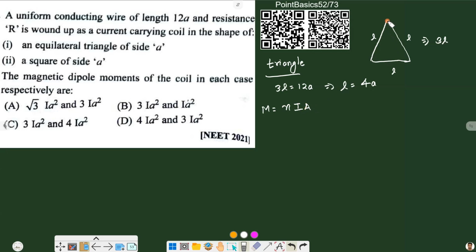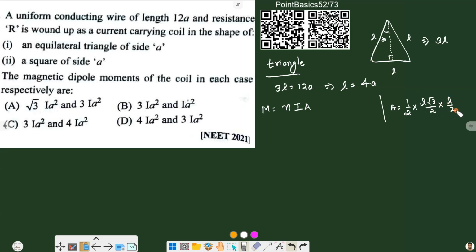The area can be found out if we divide this triangle into two halves. Then this will be 90 degree, and as this is equilateral, this angle will be 30 degree, as the total angle is 60 degree. So the base will be L cos 30, or the area of one half of the triangle will be half, base is L cos 30, that is L root 3 by 2, into perpendicular, that will be L by 2.